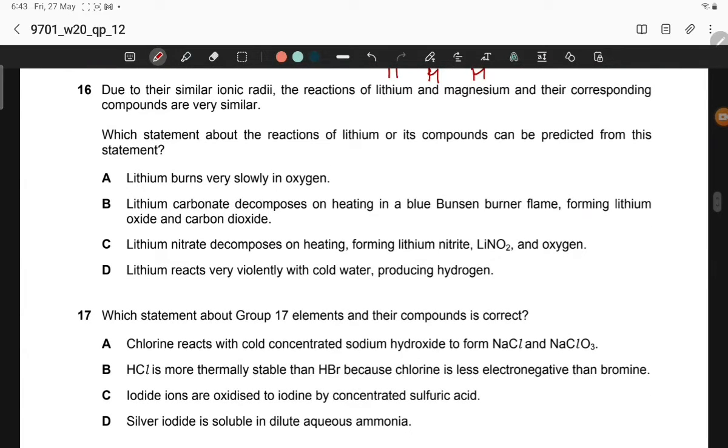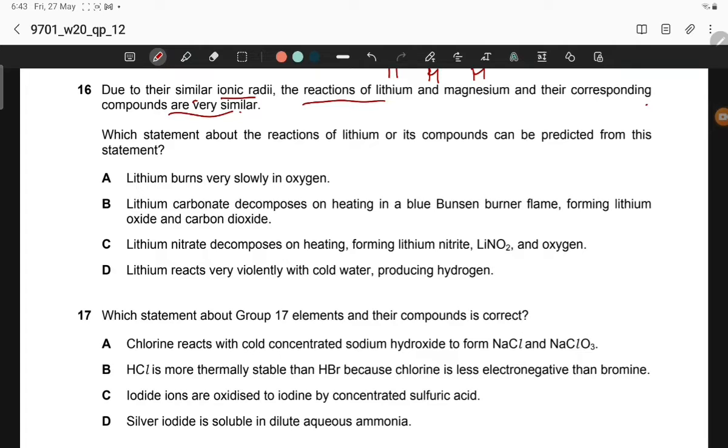Question number 16. Due to their similar ionic radii, the reactions of lithium and magnesium and their corresponding compounds are very similar. Which statement about the reaction of lithium or its compounds can be predicted from this statement? Lithium burns very slowly in oxygen.